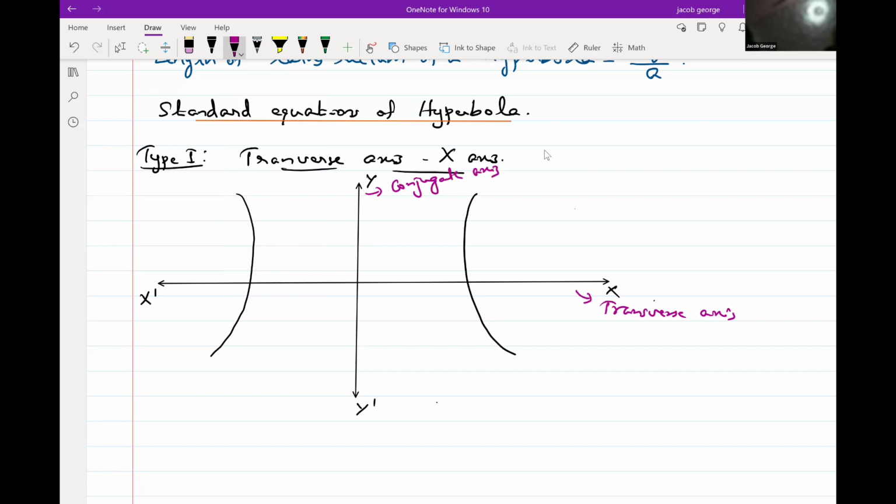Okay. Origin O, capital A and B, the vertices, F1, F2, the foci, and C and D, the endpoints of the conjugate axis, we mark. OA and OB are a units, and the distance to the foci is c units, and capital C and D are at a distance of b units from the origin. So please draw the hyperbola and mark all these.